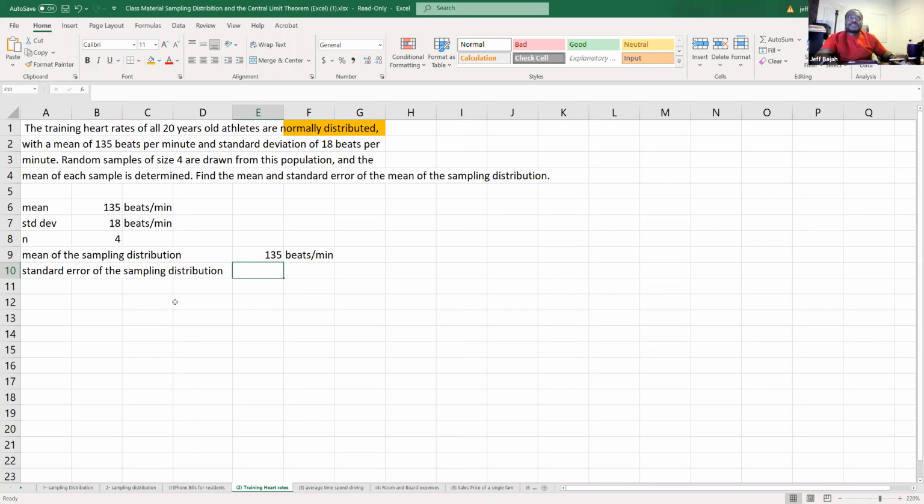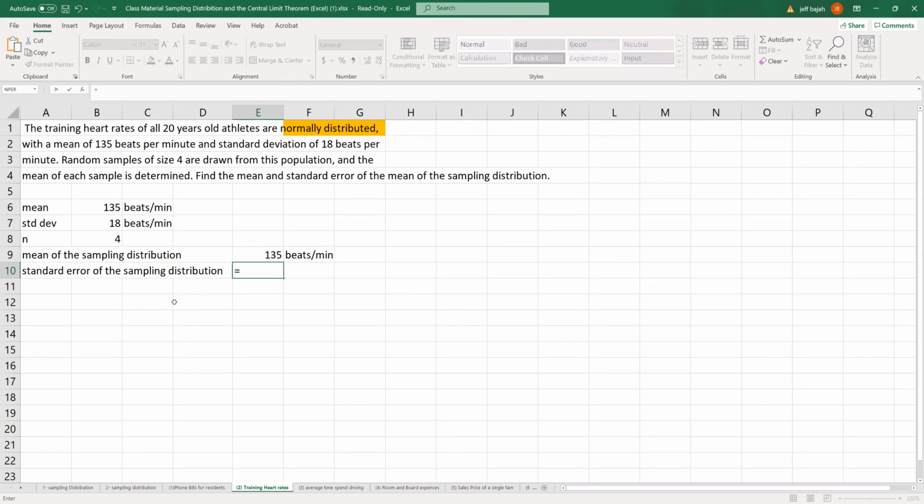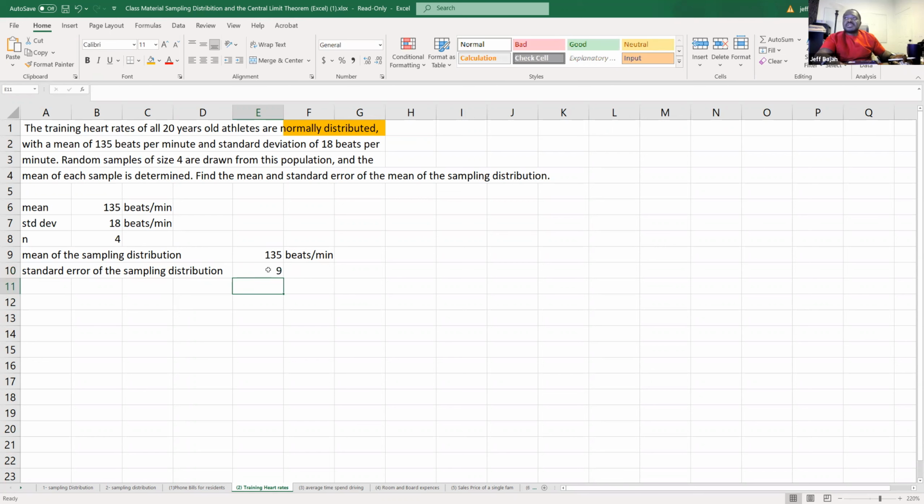Anyone? I got 9. Is that right? How did you do that? So it's standard deviation 18 divided by the square root of n, which is 4. And so that's correct. So we get 9.